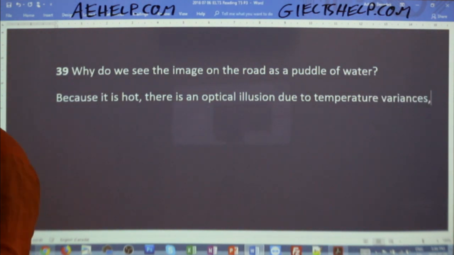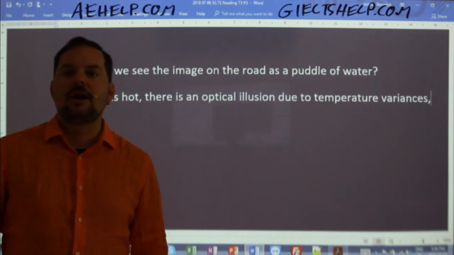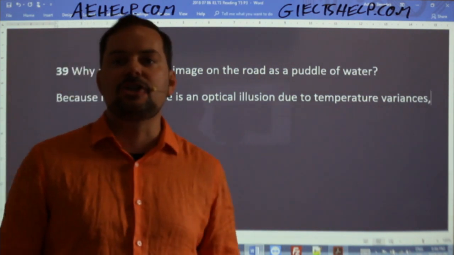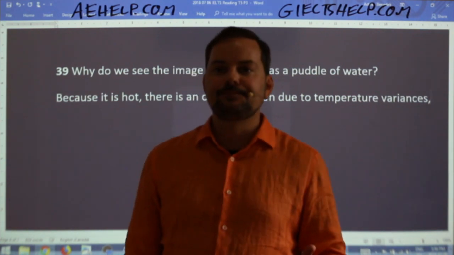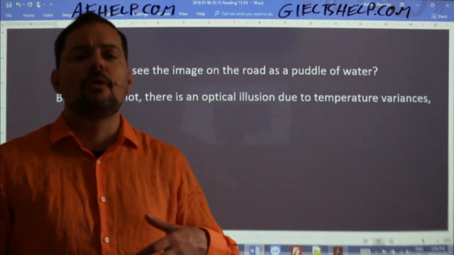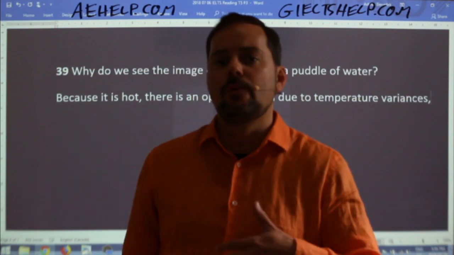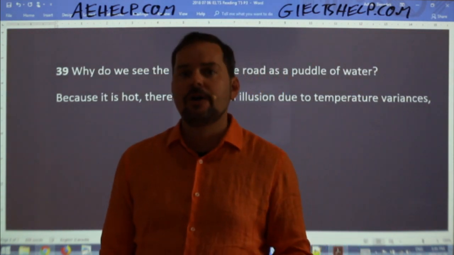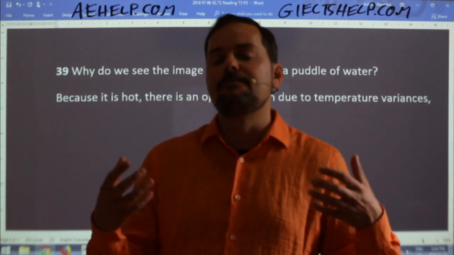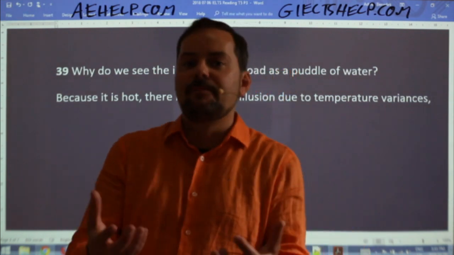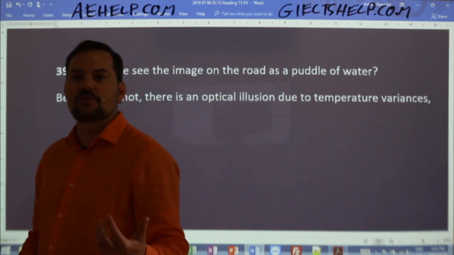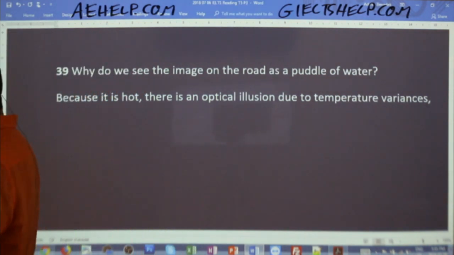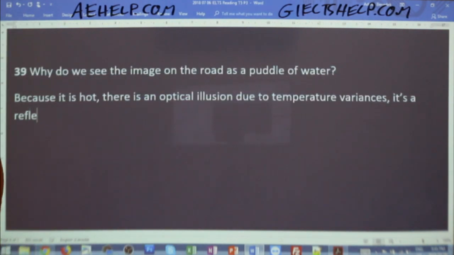Sure, those are all okay, but it gave us a little bit of a better explanation there. So Jeffrey says, our mind thinks that it's sensible, okay? So we see the mirage as a puddle of water because it's the closest and most familiar image to our brain, okay? Reflection, yeah, is a good one as well.